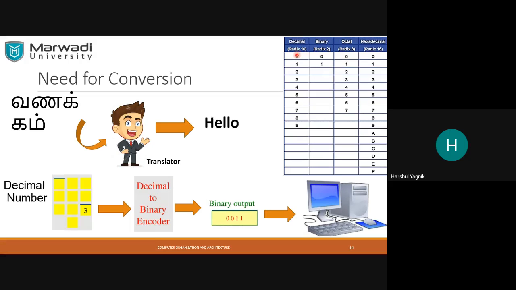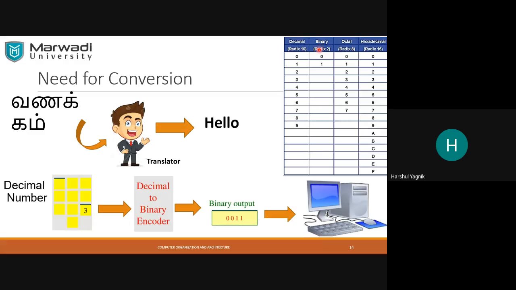The numbers are between 0 to 9. If it is radix 10, the largest digit will be 10 minus 1, that is 9.